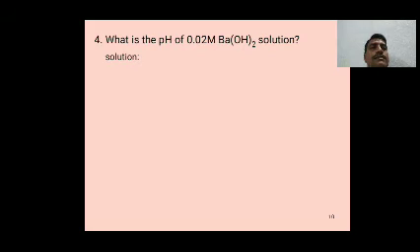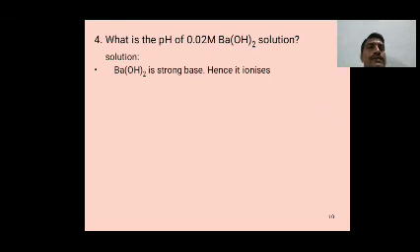What is the pH of 0.02 M barium hydroxide solution? Barium hydroxide is a strong base, hence it ionizes completely and produces 2 OH- ions.